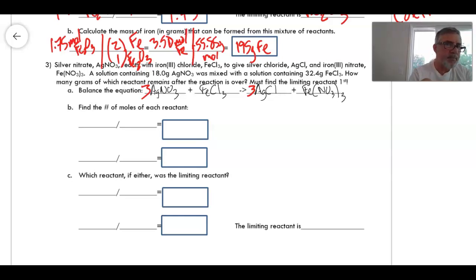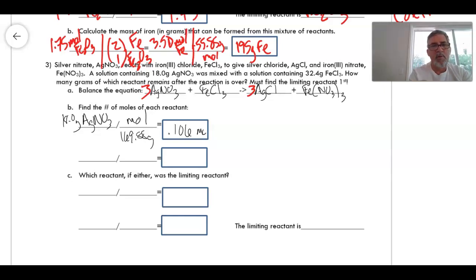Okay, so moles of each reactant you have to do first. I start out with 18.0 grams silver nitrate. So I've got to go to moles for that. I calculate the molar mass. I get 169.88 grams. Got that from the periodic table.